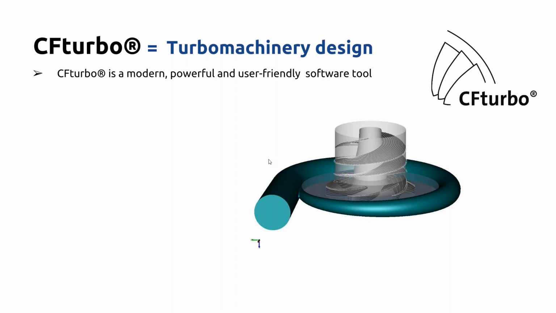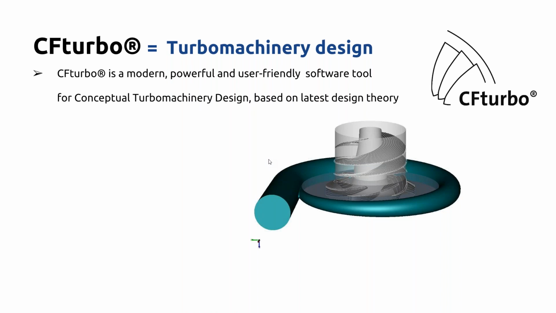CFturbo is a German company that is based in Dresden and Munich in Germany, but we also have a daughter company in the United States, which is CFturbo Incorporated. Our main product is the design software CFturbo, which is a modern, powerful, and user-friendly software tool meant for the conceptual turbomachinery design.